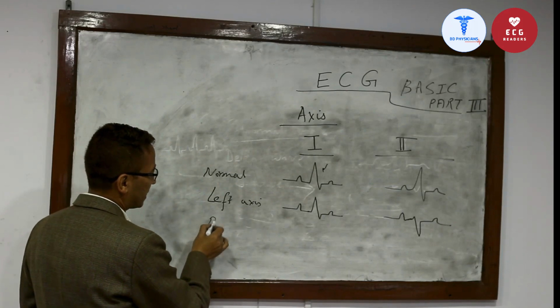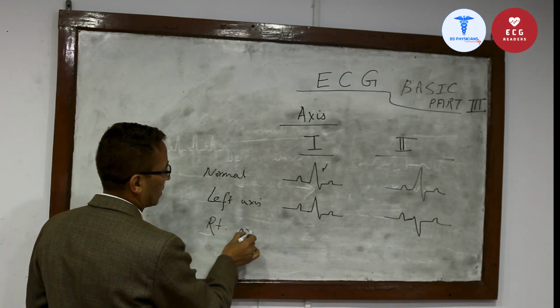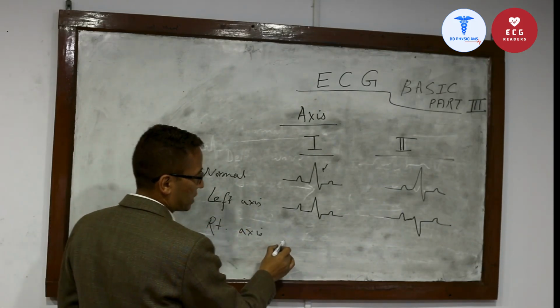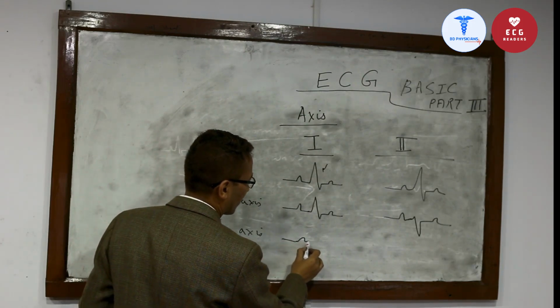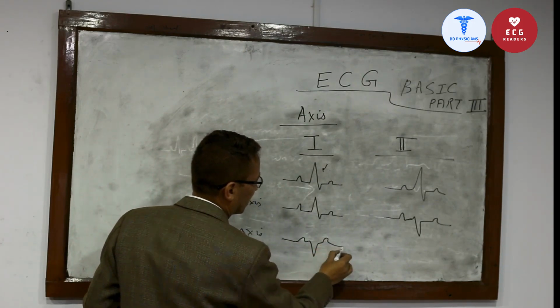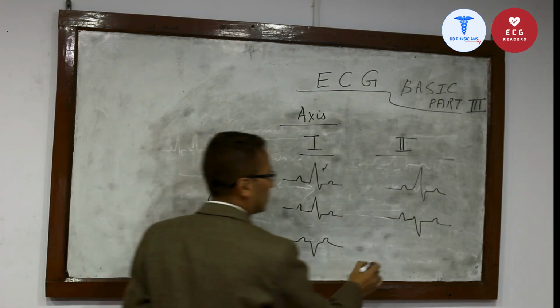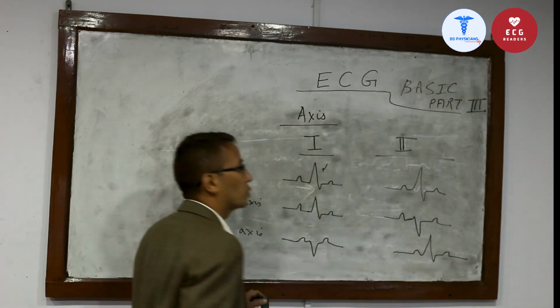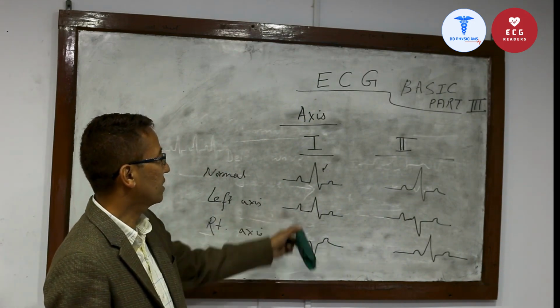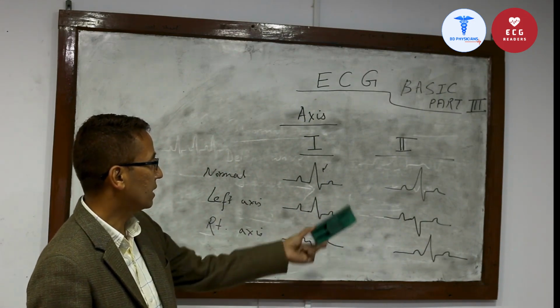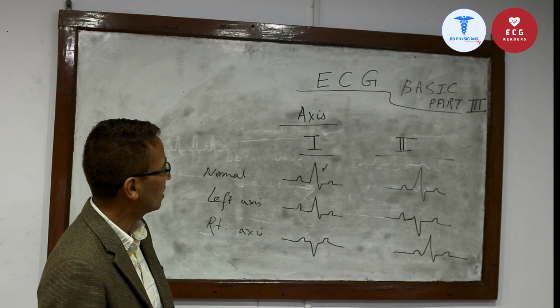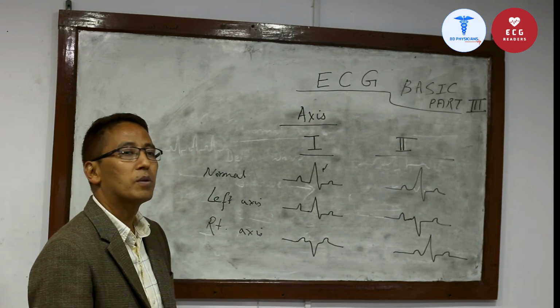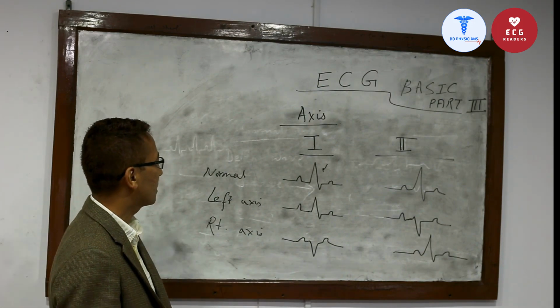If there is right axis deviation, the QRS complex will be negative in lead 1 and positive in lead 2. So left axis deviation: lead 1 positive, lead 2 negative. Right axis deviation: lead 1 negative, lead 2 positive. These are the axis deviations.